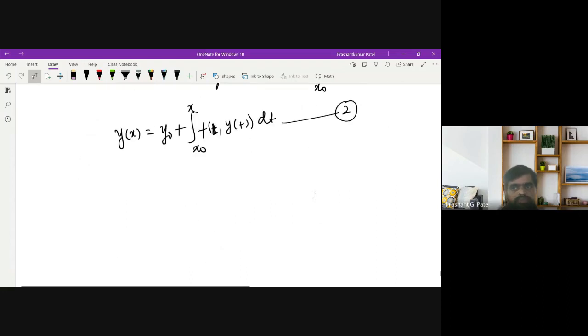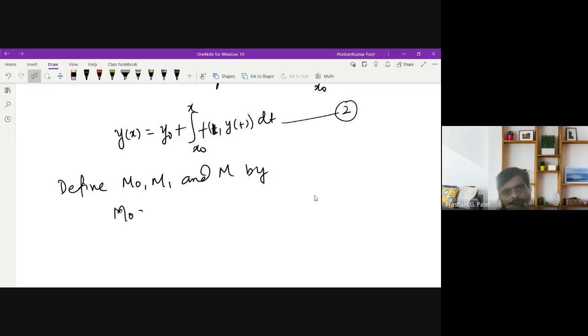So let us first define M0, M1 and M by this. M0 I am just saying is mod of y0. M1 is the maximum of mod of y1 of x. And M is the sum of this M0 and M1.